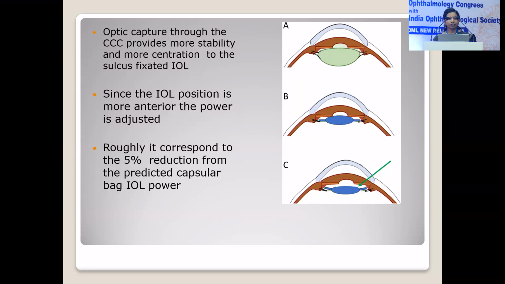It is also better if we can do the optic capture, as it provides more stability and centration to the sulcus fixated intraocular lens. And as we already know, these lenses sit slightly anterior, so the power should be adjusted, and it nearly corresponds to a 5% reduction from the predicted capsular bag IOL power.